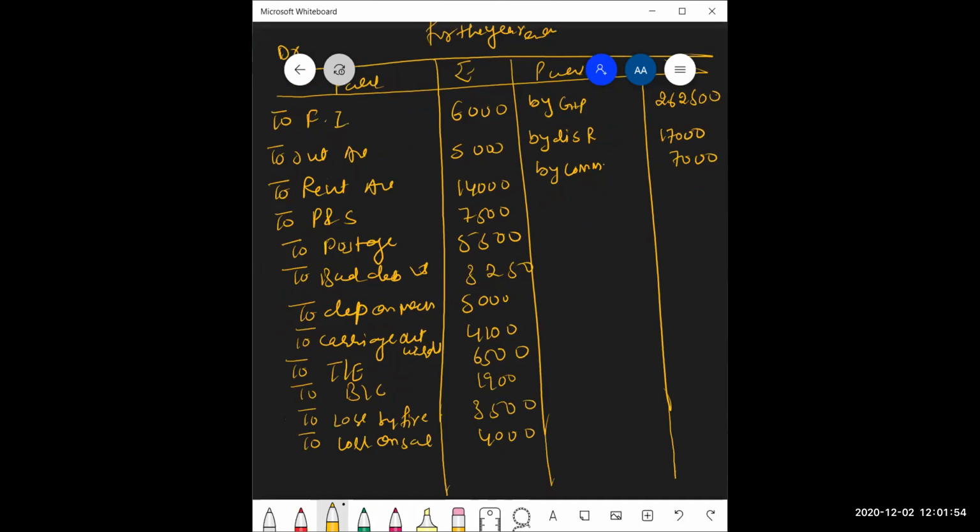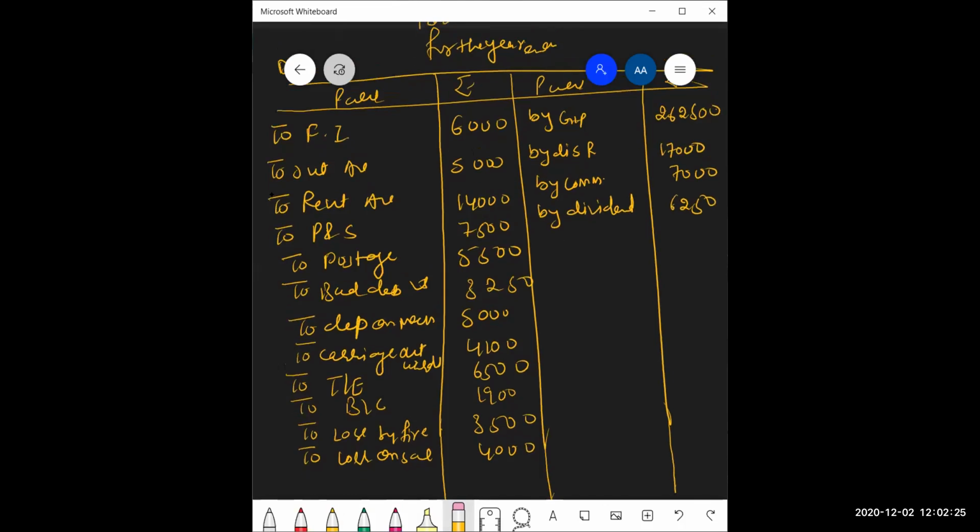Dividend received on shares. By dividend, no need to write received on shares, because dividend is only received on shares, not on debentures. And if we are writing it on the credit side, it means we have received it. So by dividend only need to write. So that is 6,250. Then salaries and wages. Salaries and wages is an expense, so it will be recorded on the expense side.